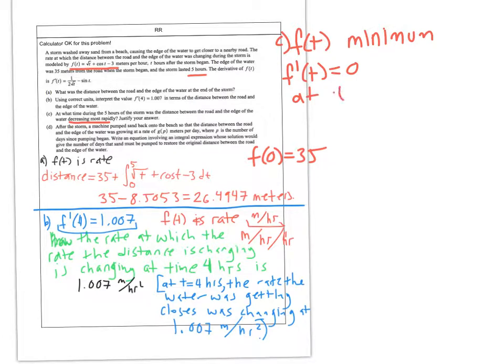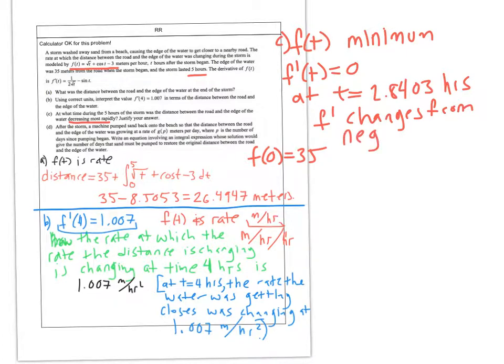So at time equal to 2.8403 hours, f prime changes from negative to positive.